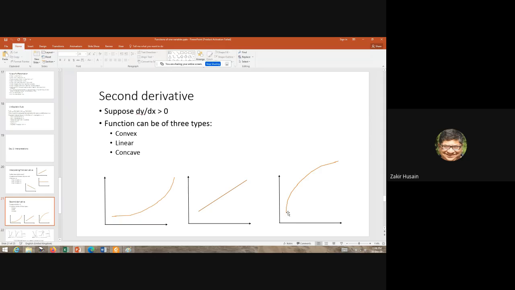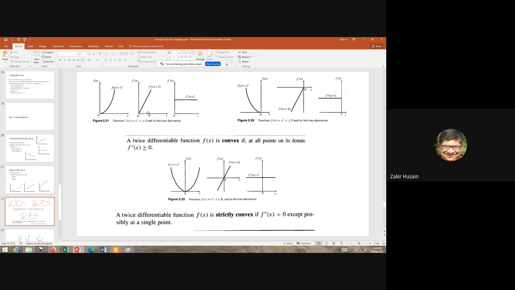You can see in each of these cases, the function is rising. As x increases, y also rises. But the curvature is different. This is linear, this is convex, and this is concave. This is given by the second derivative.